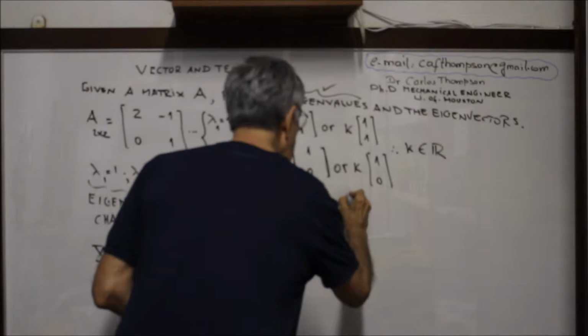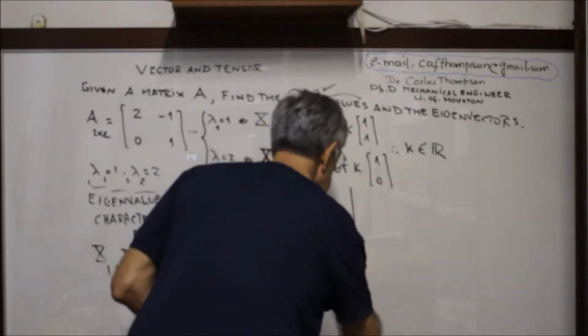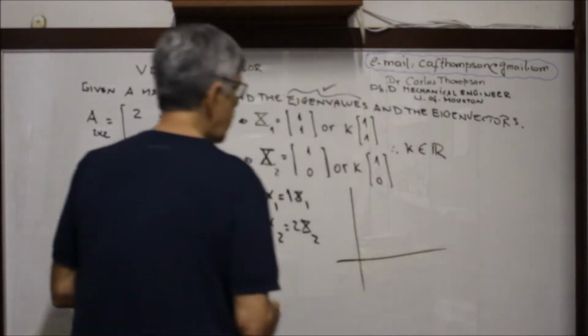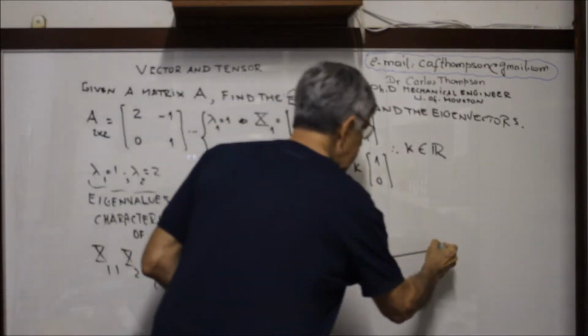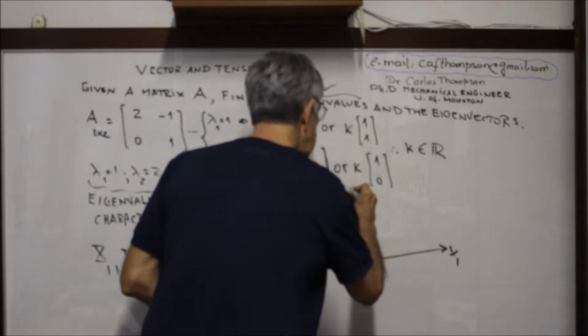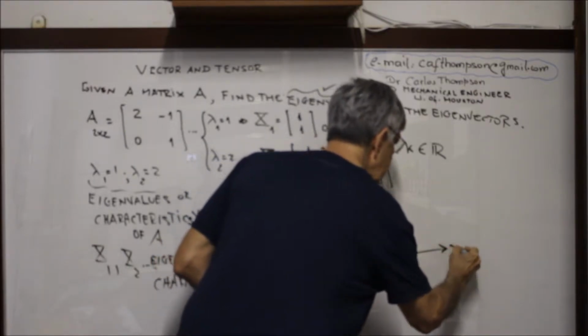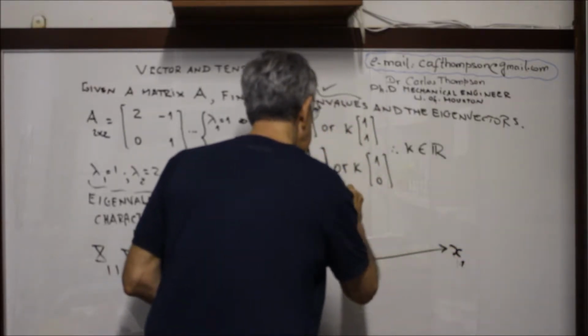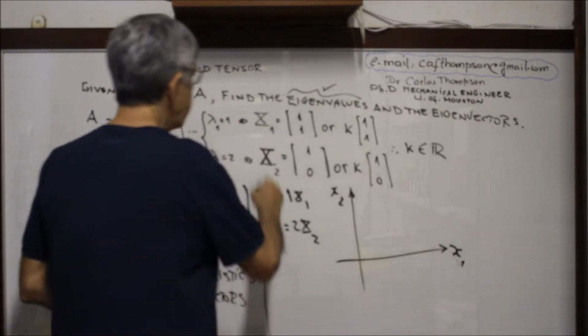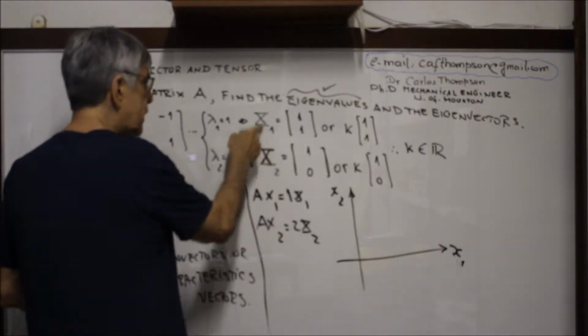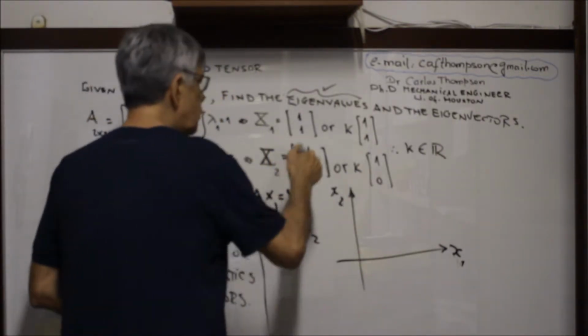Now let's draw here. This is my axis, x1, and this is my axis x2. Now, the vector capital X1 is (1, 1).